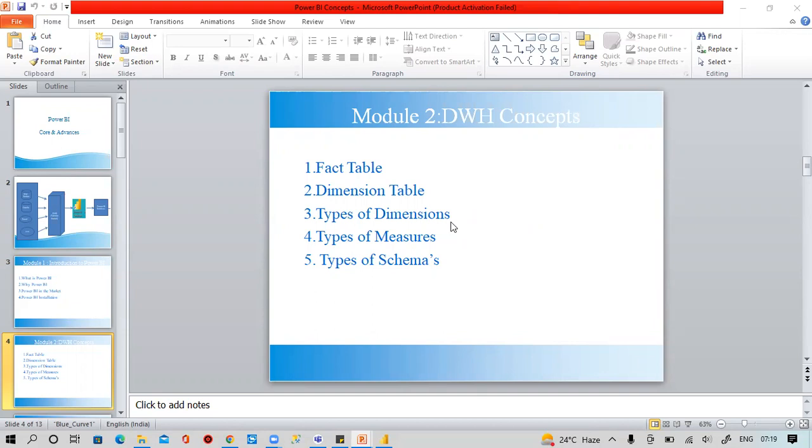Up to yesterday, we were discussing the types of dimensions, theoretical and practical. I would like to add one more dimension, that is the slowly changing dimension.